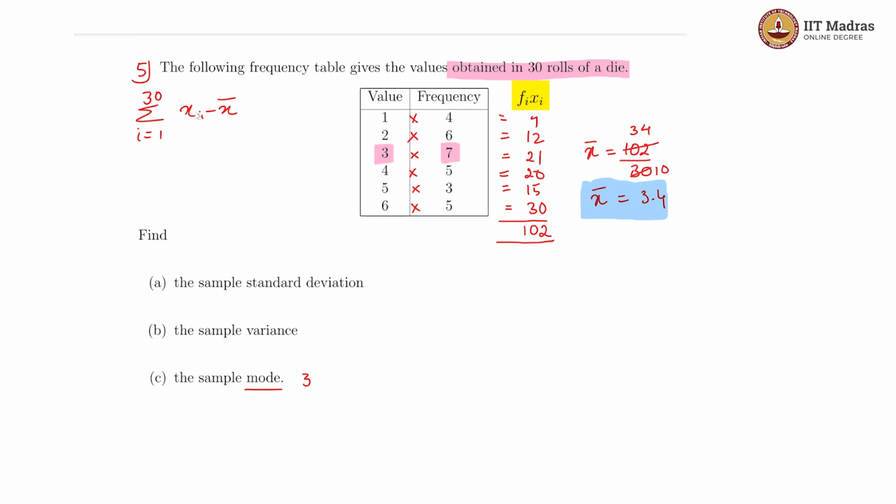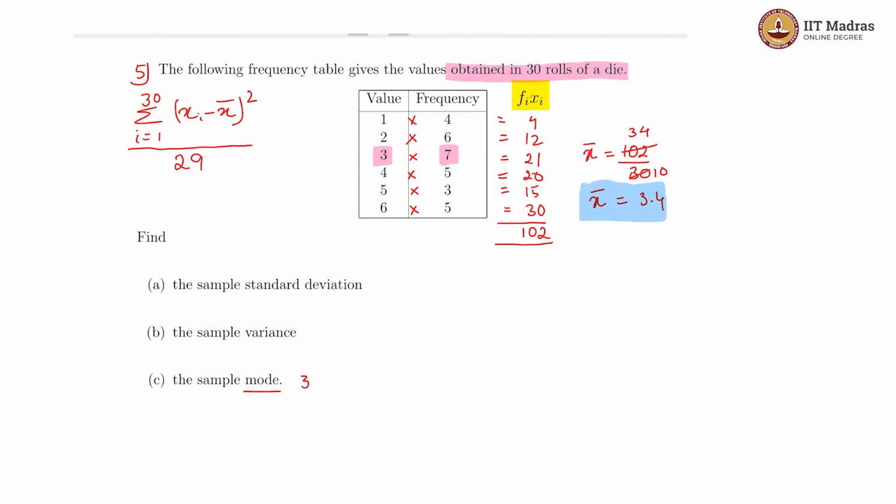So for each term, we are going to look at the observation, look at its deviation from the mean, square it, and divide by 29, that is 30 minus 1. When we are calculating the sample variance and sample standard deviation, we use n minus 1 in the denominator, not n.